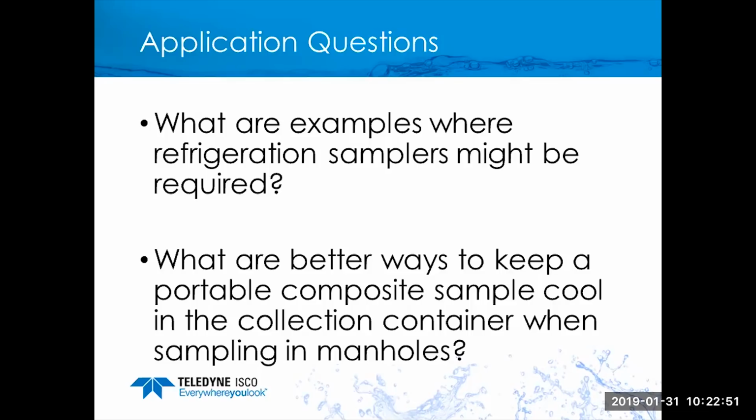It's not active until the conditions are met and the device that's making the determination decides whether that particular condition has occurred or not. When it says, okay, the rainfall has started, the flow has started, the pH has gone outside of the range, or whatever that particular user-defined trigger condition is, and it actively begins to sample, that is when the refrigeration system begins to fire up and operate.